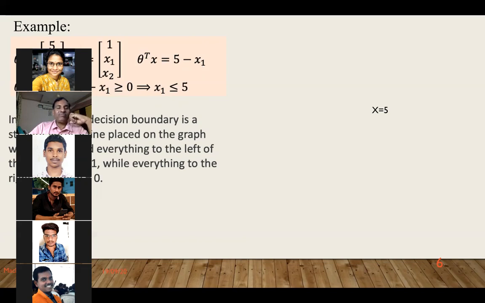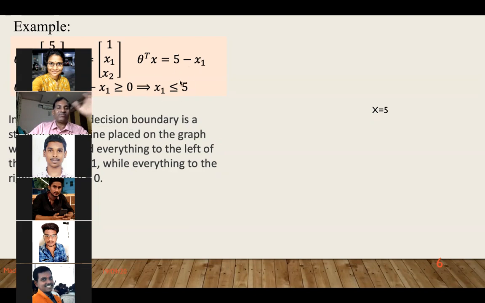So when will it become 0? Theta transpose x greater than or equal to 0 means 5 minus x1 should be greater than or equal to 0. That means x1 less than or equal to 5. So whenever x1 is less than or equal to 5, we get theta transpose x greater than or equal to 0, and we predict class 1. In this case, the decision boundary is a straight vertical line.